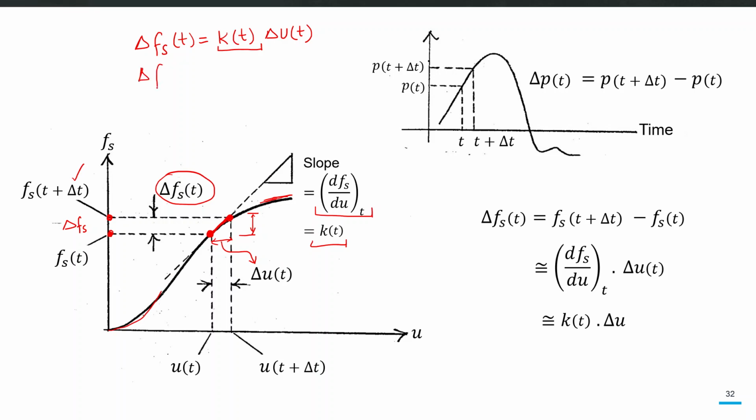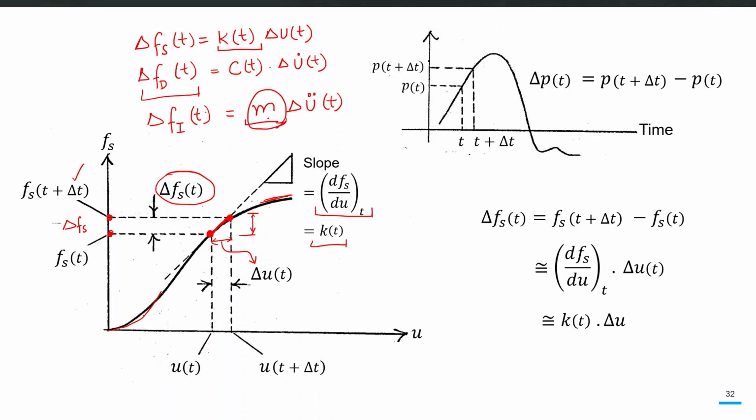And delta Fd will be equal to C of T, which is again the instantaneous slope on the relationship between Fd and U dot, and then it will be multiplied by delta U dot of T to get the delta Fd. But for delta Fi, that will be equal to m times delta U dot dot. So this m is constant, so it will remain same for all time instants.